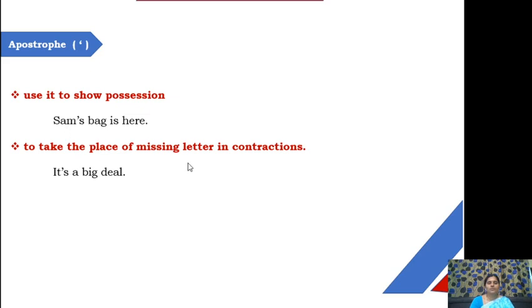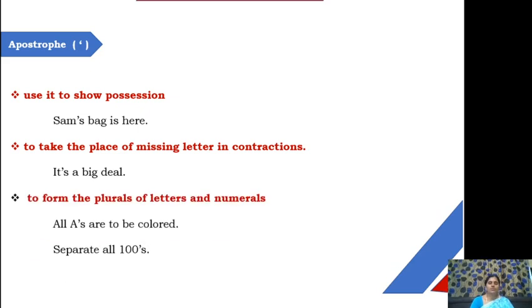Here, to show that a letter is missing, we have used the mark: it's a big deal, in the sense it is a big deal. The letter i is missing, and to show that a letter is missing there, we have used this mark.